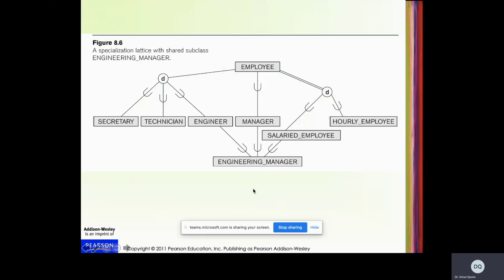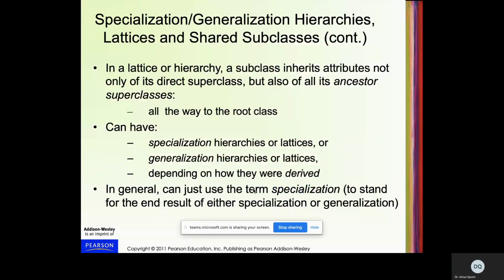So we have the engineering manager as a lattice with shared subclass concepts. In a lattice structure, that particular subclass inherits attributes not only from its direct superclass, but also from its ancestors' superclasses, all the way to the root class.